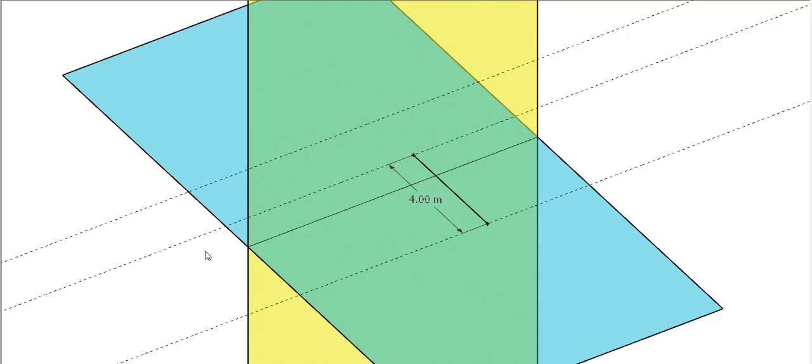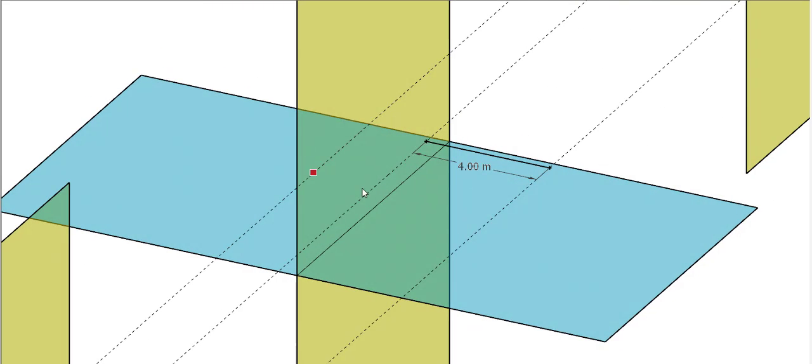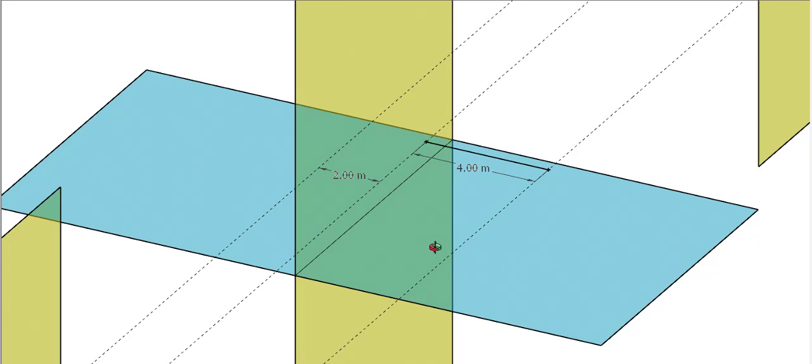This is A and this will be B. The point A is at a distance of 20 millimeter, or in my model it will be 2 meter.